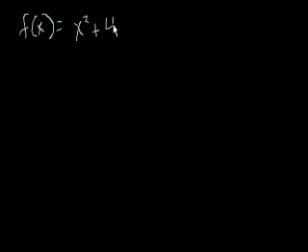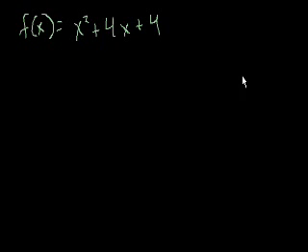So let's review that a little bit. If I had something like f of x is equal to x squared plus 4x plus 4, and I asked you, where are the zeros or the roots of f of x? That's the same thing as saying, where does f of x intersect the x-axis? And it intersects the x-axis when f of x is equal to 0, right?